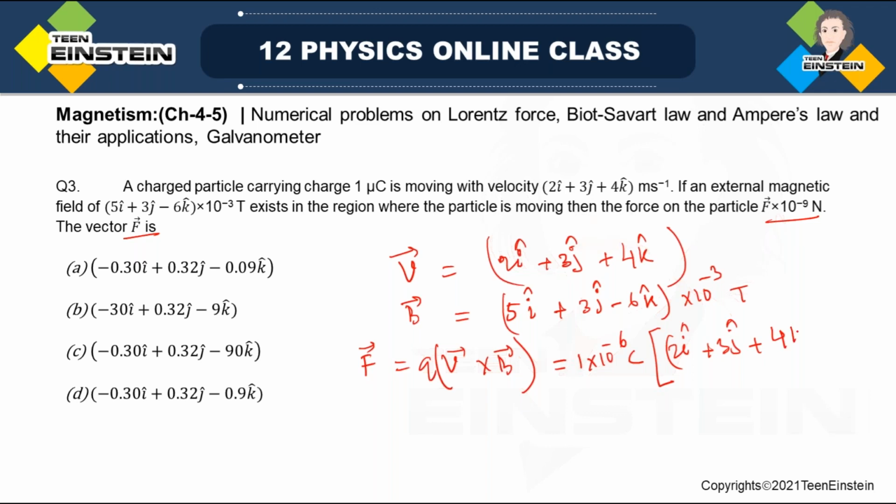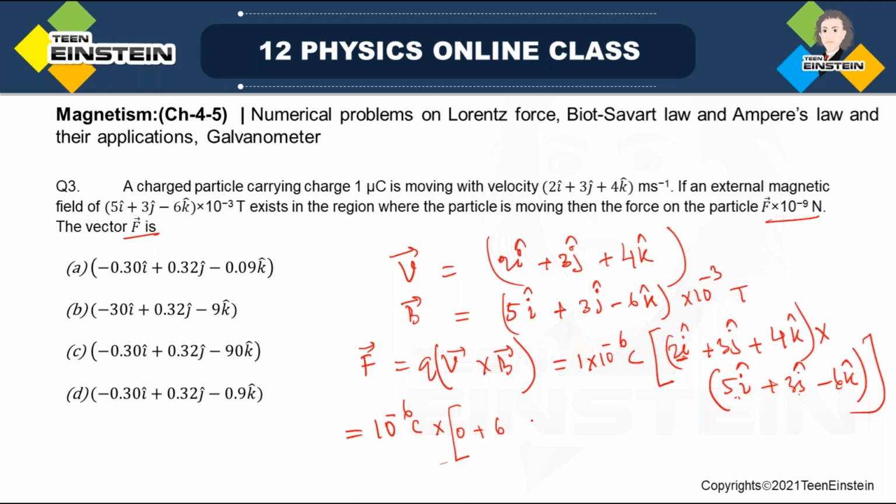Here we'll be using our cyclic rule which we have learned in vectors in the case of the cross product. So let's write here 10 to the minus 6 coulomb into this: 2 i, so i cross i will be 0, first term is 0. Then along with this, i cross j is 90 degrees, so this is fine.